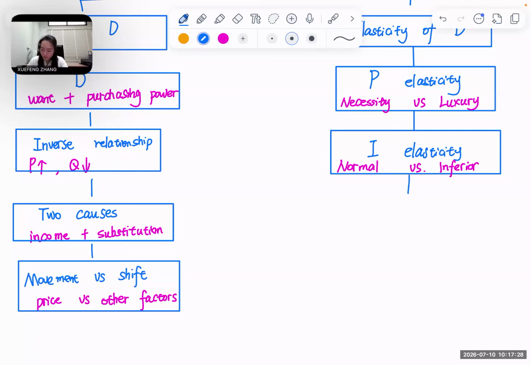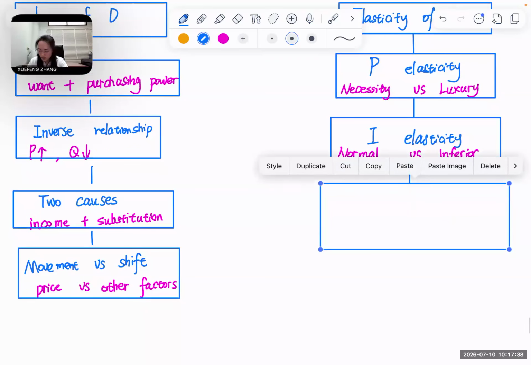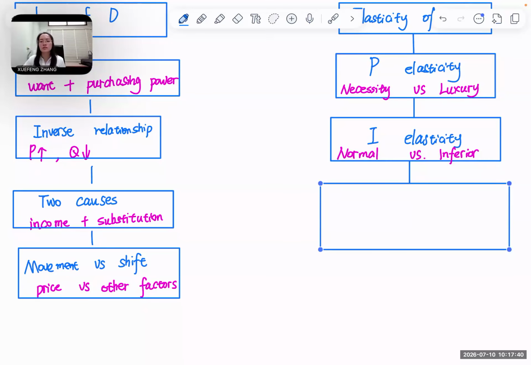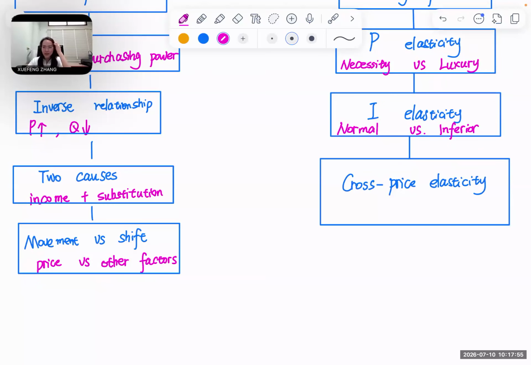Next one. The last type of elasticity, which is cross price elasticity. And according to the cross price elasticity, we can tell that the two goods are substitutes or complements.